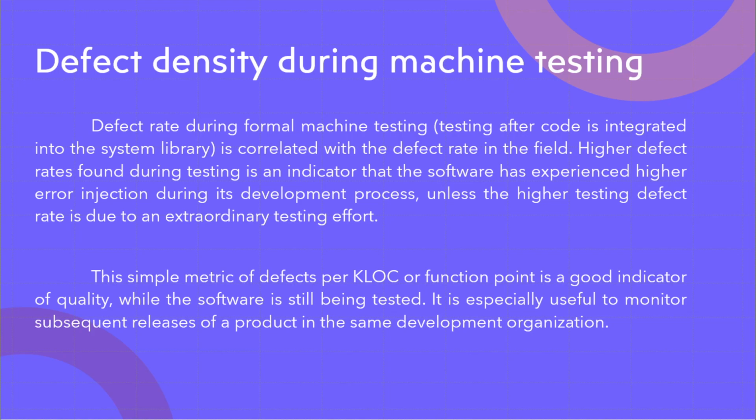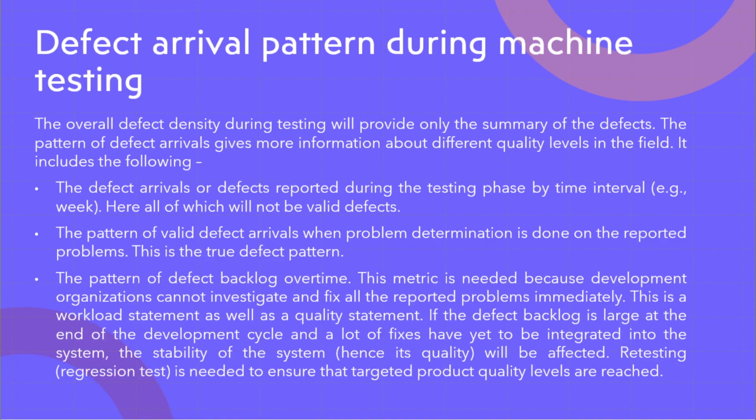This simple metric of defects per KLOC or function point is a good indicator of quality while the software is still being tested. It is especially useful to monitor subsequent releases of a product in the same development organization.